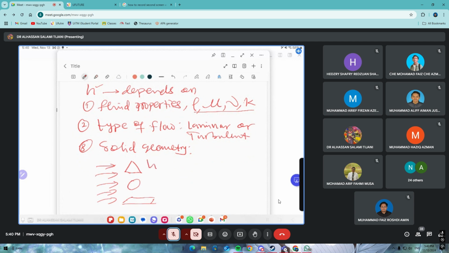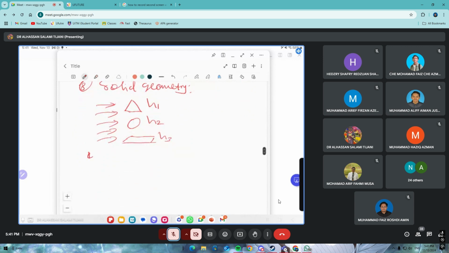The heat transfer coefficient for number one will be different from number two, will be different from number three. You understand? So this h depends on the geometry across which the fluid is flowing. And then lastly, number four, surface condition.